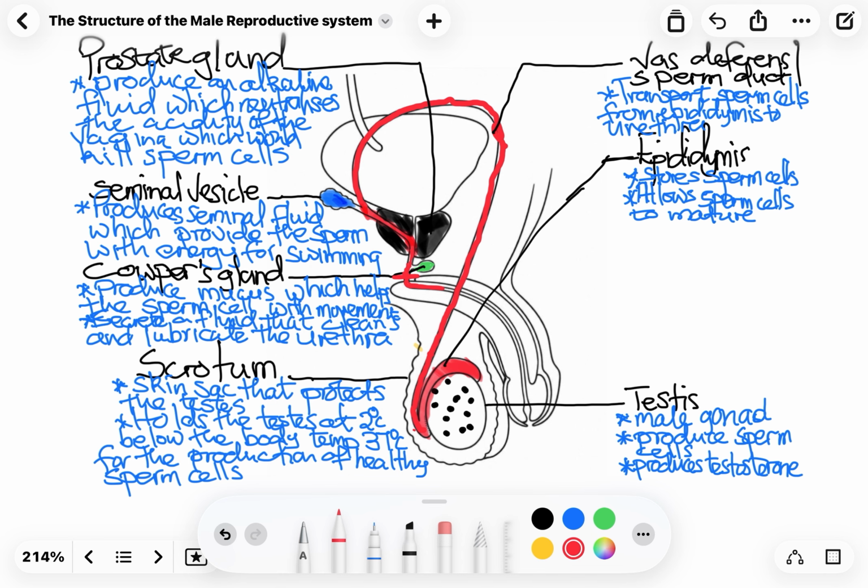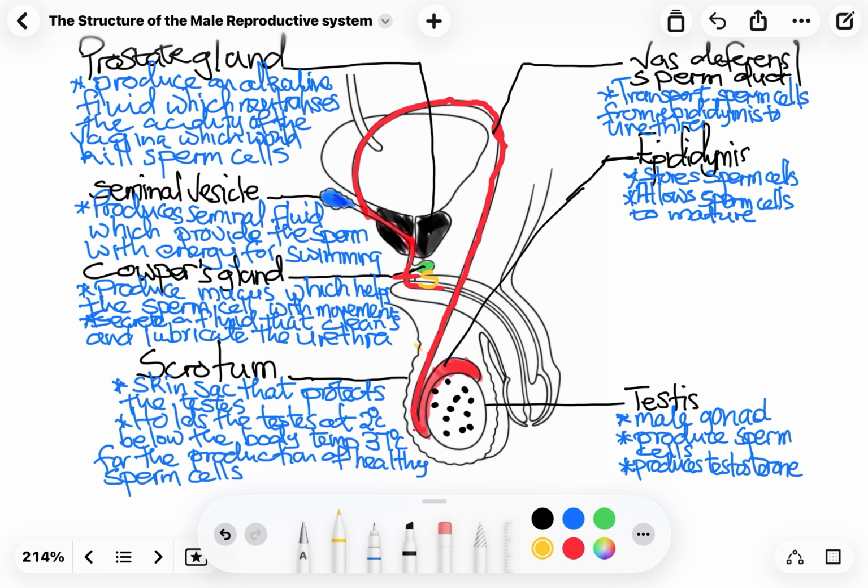Right, they now have a new name. The new name is now semen. I hope this is going to be clear. It's now semen. So at this point, after the three accessory glands have secreted their secretions on our sperm cells, the sperm cells are no longer called sperms. They are now called semen.